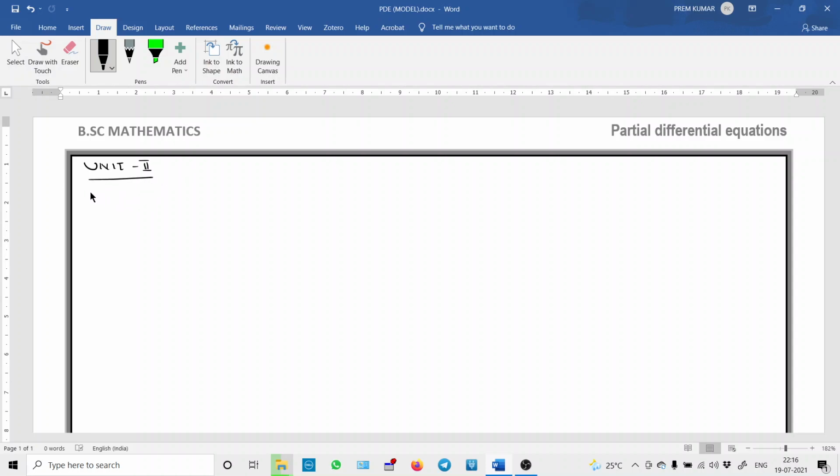Now, in the previous session we discussed the PDE with simple cases where we simply used integration to find the solution of the PDE. But now we are going to study what is a standard type 1 PDE.